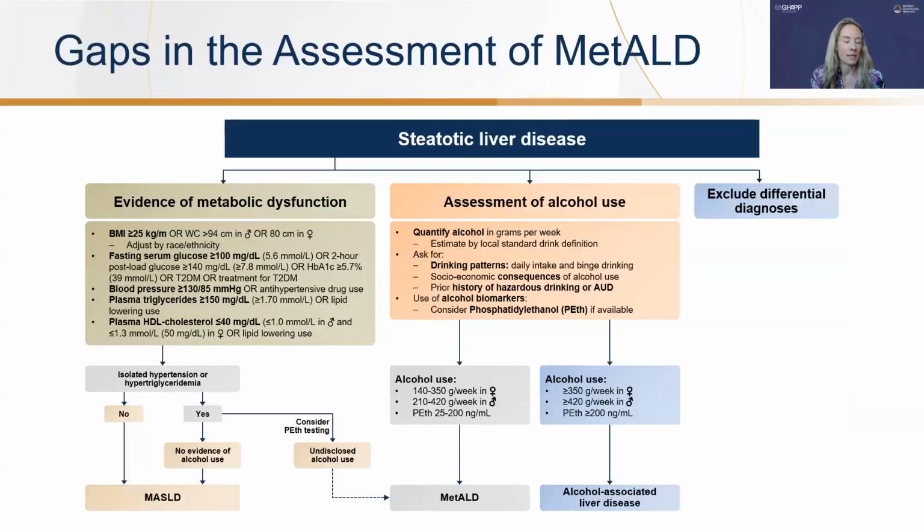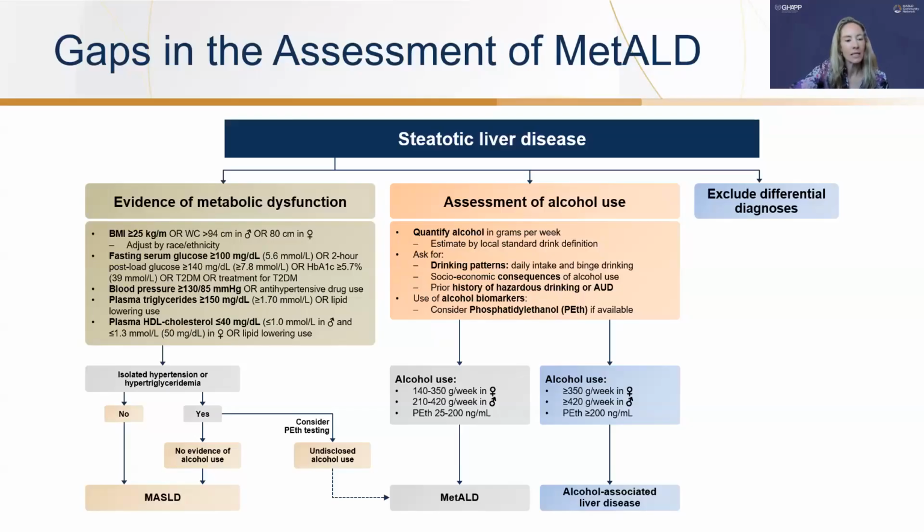So when we're assessing MetALD, over here on the left, you're going to first assess for evidence of metabolic dysfunction with your typical cardiometabolic risk factors: BMI greater than 25, or you can use waist circumference, pre-diabetes, diabetes, an impaired fasting serum glucose above 100, hypertension or use of an antihypertensive drug, elevated triglycerides, or if they're on a lipid lowering medication.